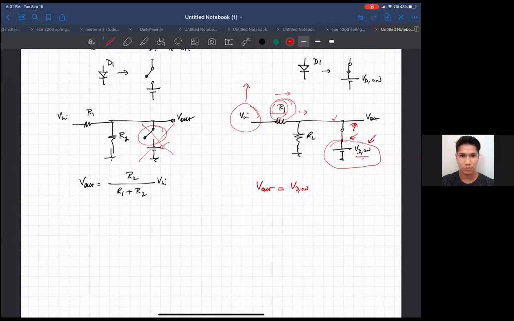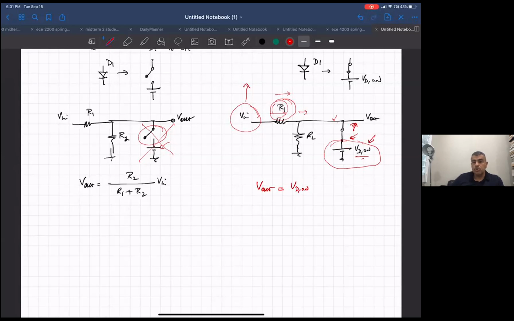Professor, we will need to apply KCL at that node, right? Yeah, exactly. You start basically applying KCL, KVL. I don't think we're going to get there in this lecture, but next lecture, we have an example from the book that's quite a bit more complicated with a bunch of diodes and resistors.